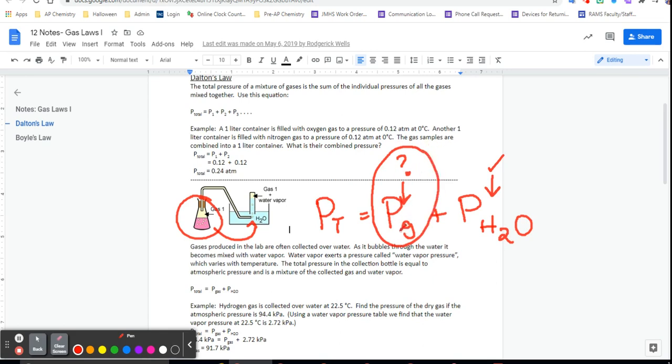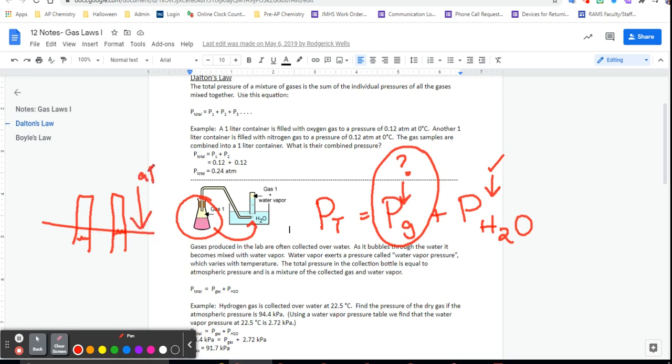We want to know how much that little butane lighter was exerting. The way that we get that is that we had pressure from the water, as water is evaporating a little bit at a certain temperature. We also had pressure total. If you remember, there was a special step that you saw me do. We had the level down here, and I had to raise that little graduated cylinder so that the level was level with the water out here.